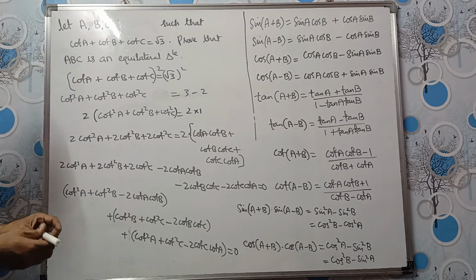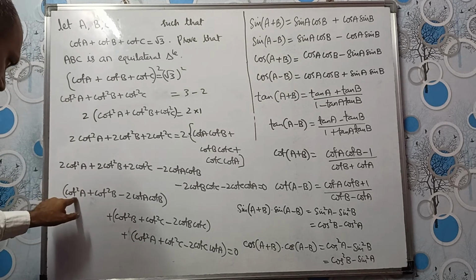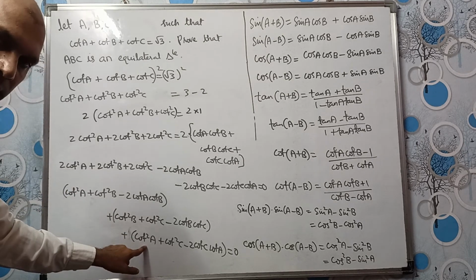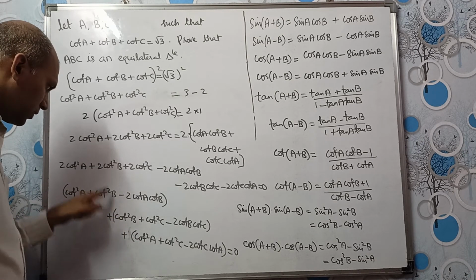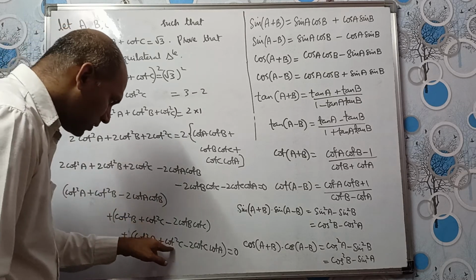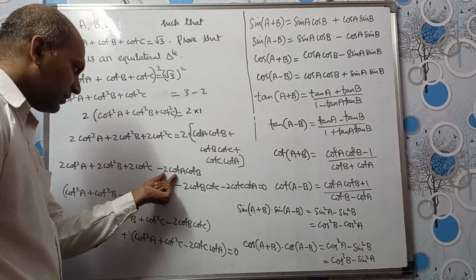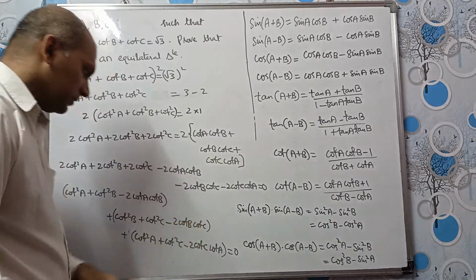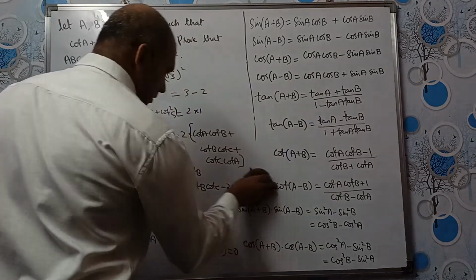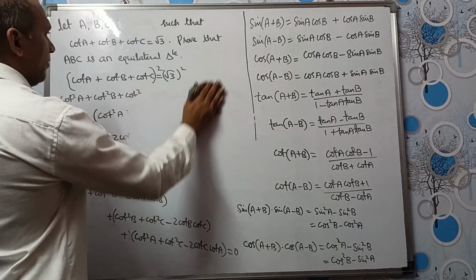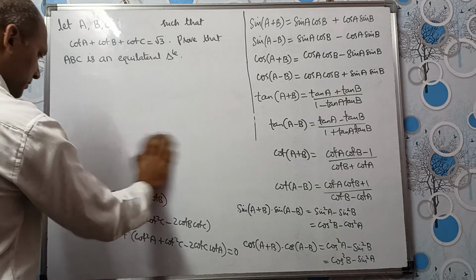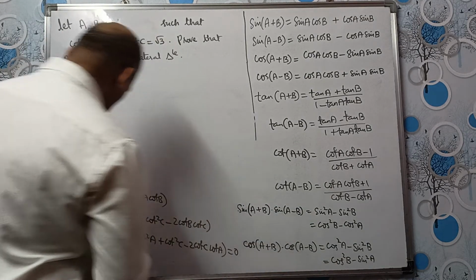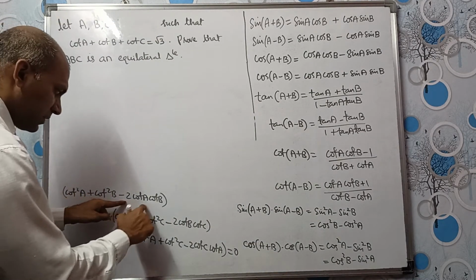See, we have 2 cot square A. Here we have cot square A, here we have cot square A, so it is 2 cot square A. Cot square B, 2 cot square B. Cot square C, 2 cot square C. And we have these 1, 2 and 3. Let me rub this part now. So see, this is A square plus B square minus 2AB, right?